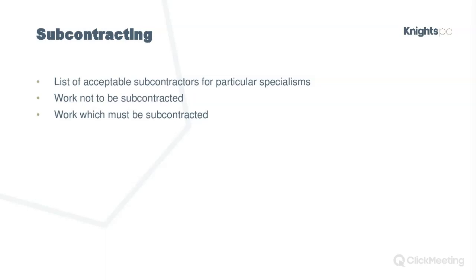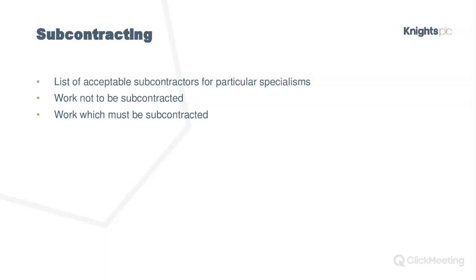Albeit that it's just a really common thing, both in NEC, JCT, construction generally. Be careful, because the works information might set out details of work that may not be subcontracted. So just be careful about that. And also work which must be subcontracted.